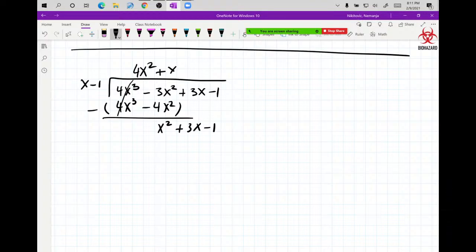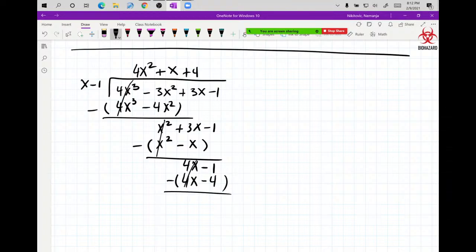X goes into this plus x, goes x squared minus x, again subtract, gone, that's a plus 4x minus 1. X into 4x goes plus 4 times, multiplied 4x, minus 4, subtract, gone, that's a plus 4 minus 1 is 3, so remainder is plus 3 over x minus 1. So it takes time, and it is annoying, right?